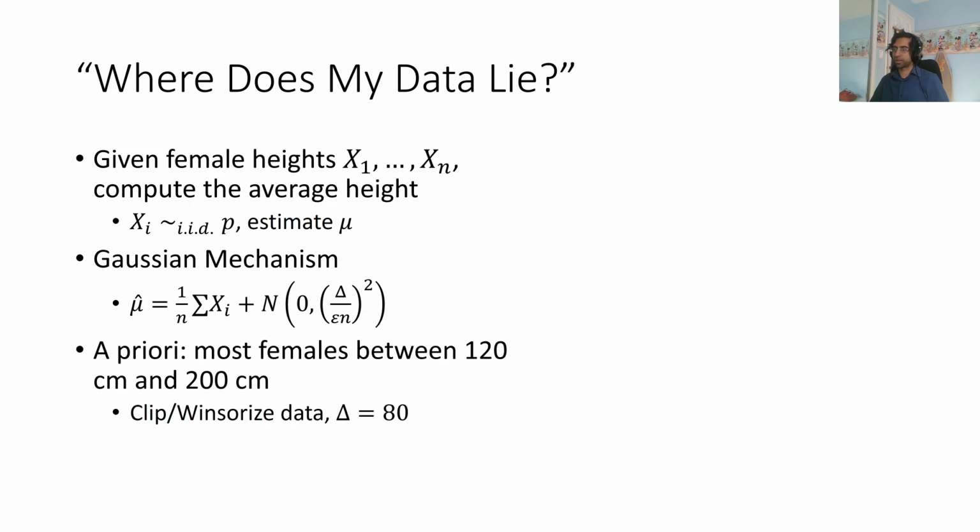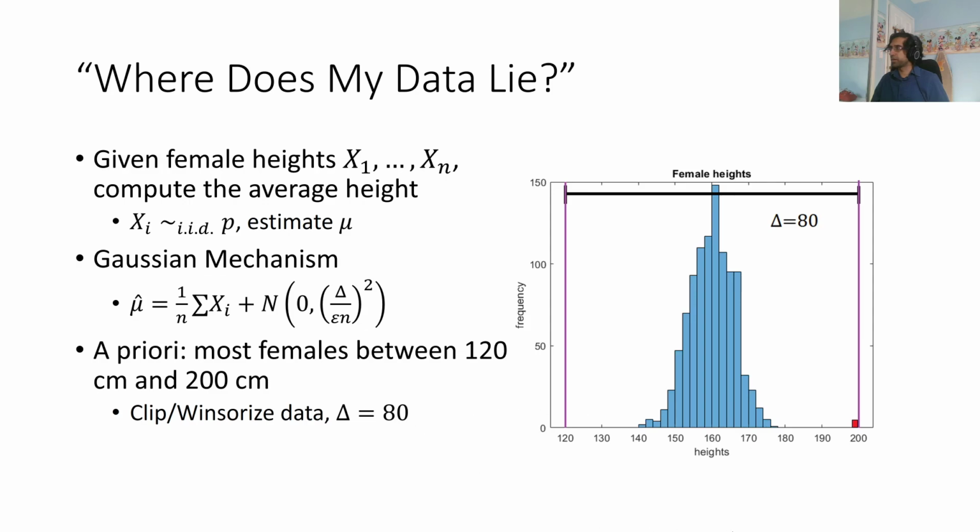And if it's smaller than some threshold, we round it up to that threshold. Statisticians like to call this Winsorization. So pictorially, you can see it here. We have these purple lines, which indicate the bounds on what we knew a priori about where the heights will lie. So we can clip or Winsorize to these boundaries.